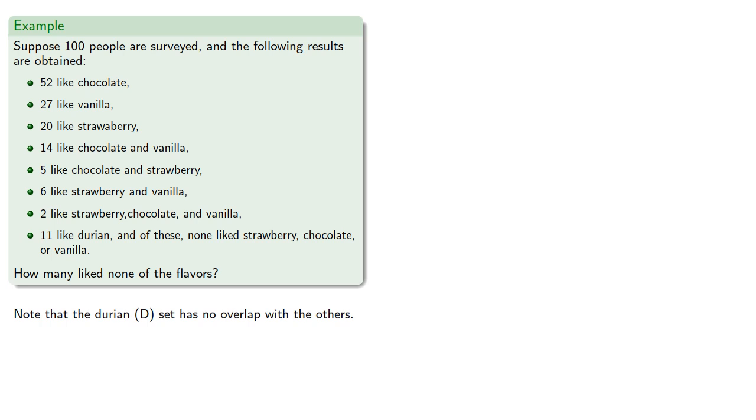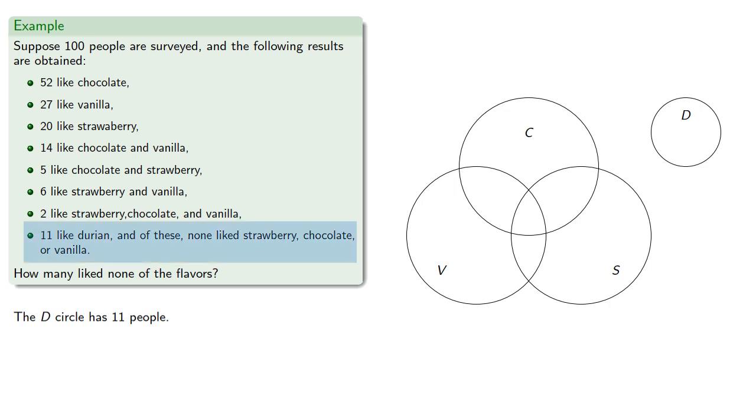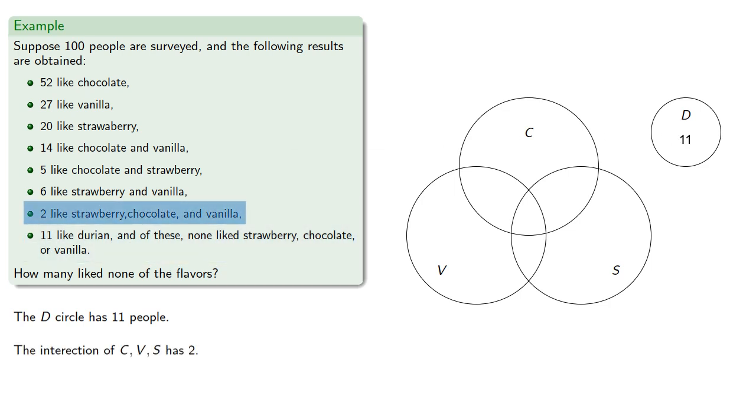Note that the durian D set has no overlap with the others, so we can represent it as a 4th circle that doesn't overlap with the other 3. And we know the D circle has 11 people. Meanwhile, the intersection of C, V, and S has 2.